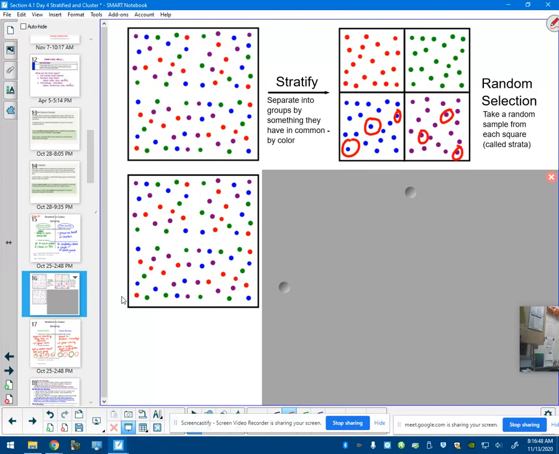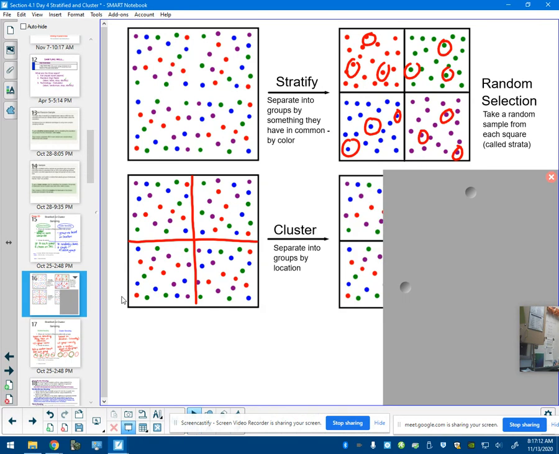Somehow you would put them in a hat, label them, do the label table stuff and ID that you learned the last couple days. I'll pick 3 from here. And I'll pick 3 from here. That's how you do stratified. For cluster, we break them into location. So for cluster, they have a common location.